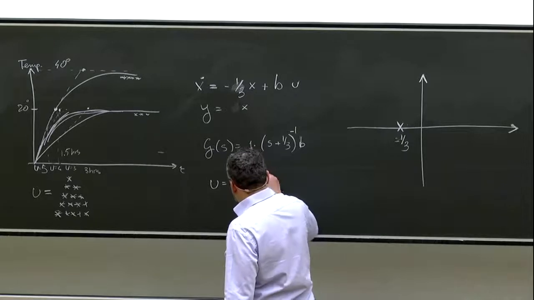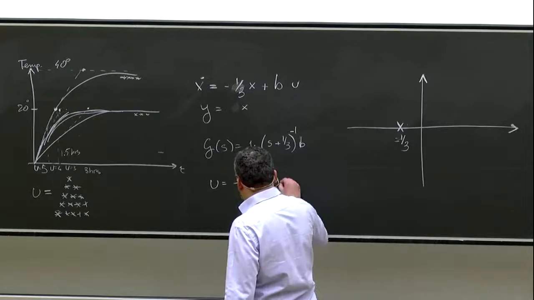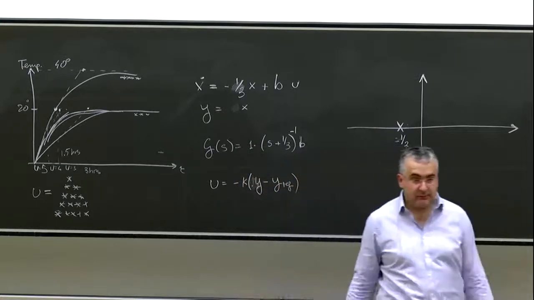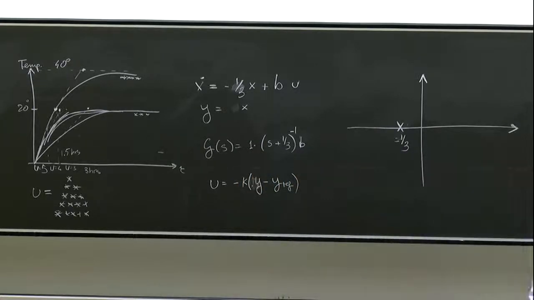Let me write it this way: minus K times Y minus your reference, your desired temperature, okay? Meaning that if the temperature is too large, then you reduce your heating, okay? If the temperature is too low, then you want to increase your heating, right?